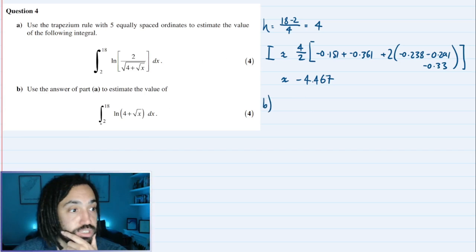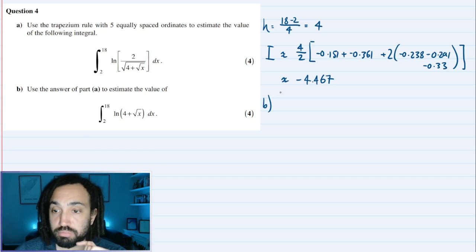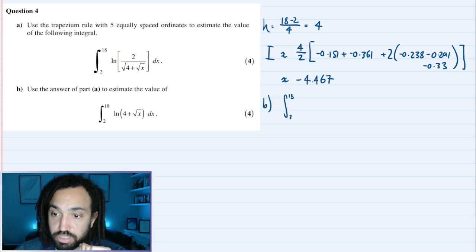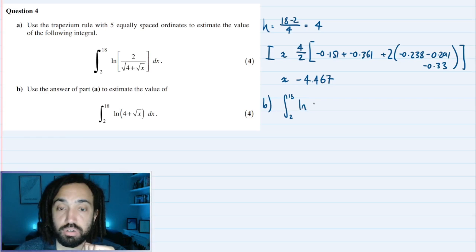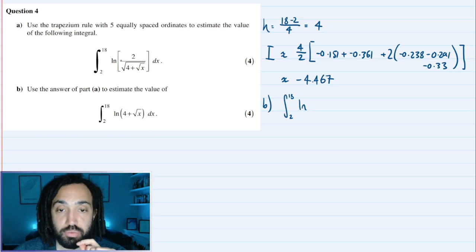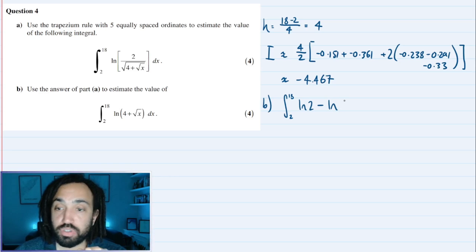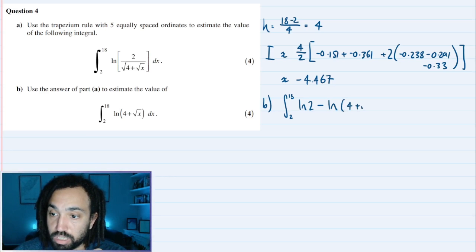Right, let's move on to part B now. Part B asks us to estimate the integral of this, but using my answer to that last one. So we can write that the integral between 18 and 2 of ln of, and this is a division, so when we subtract 2 lns, it's the same as dividing the inputs of that ln, so we can do ln 2 minus ln of 4 plus root x, all rooted means to the power of a half.